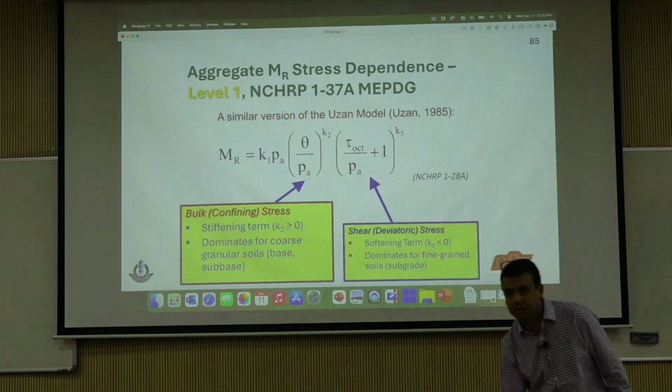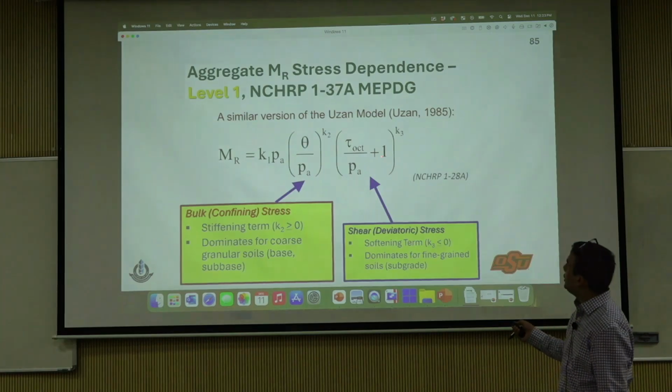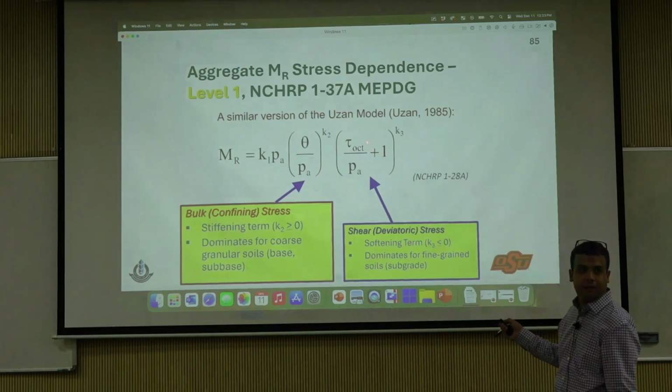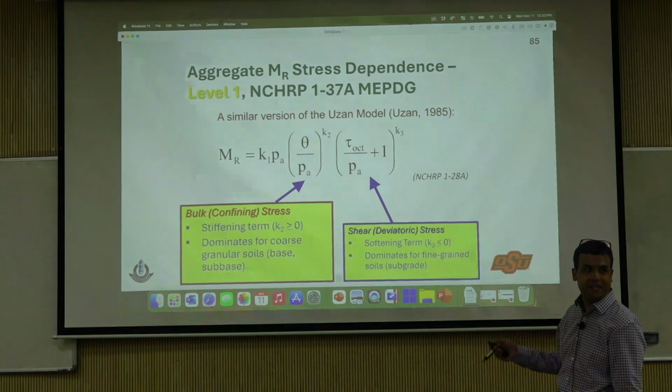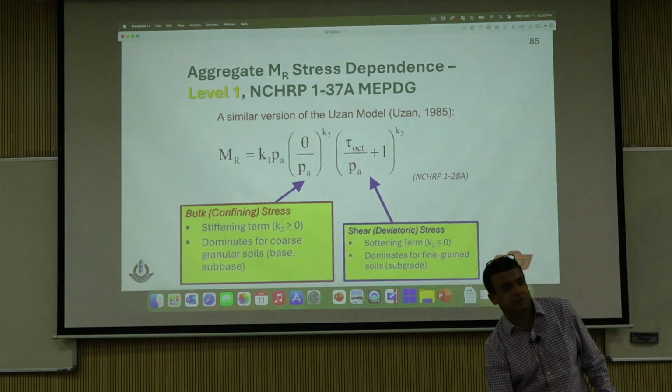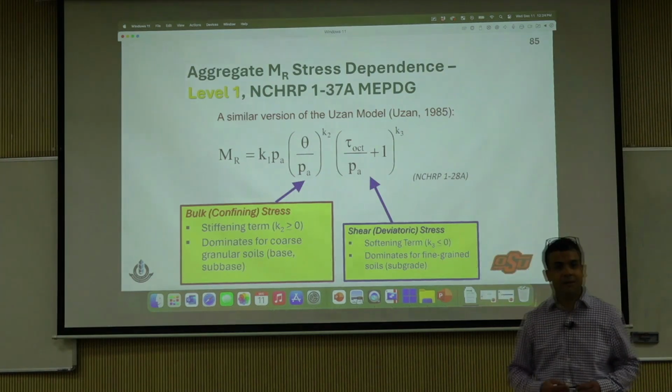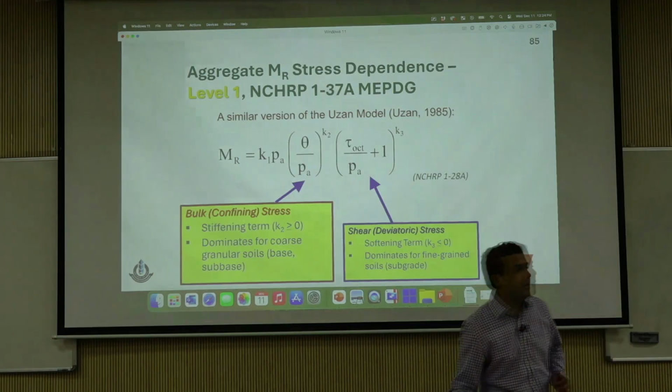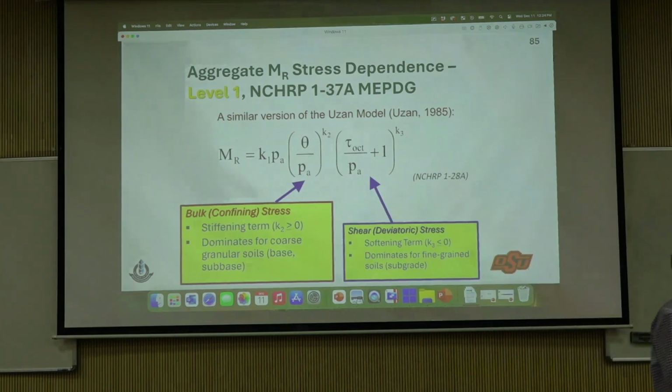Okay. There is a term here, +1, that magically appears. I'll give you a hint. The existence of a +1 is a very funny reason. It's not a scientific reason. It's a very funny reason. Tell me what.